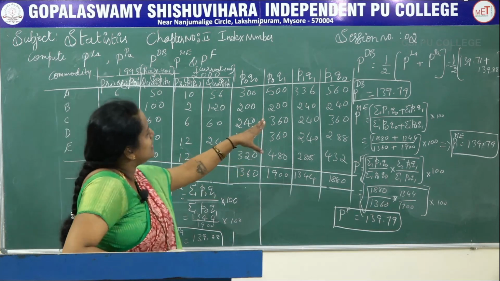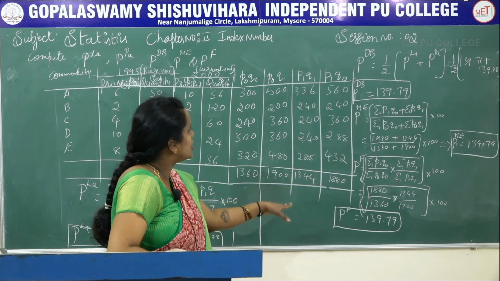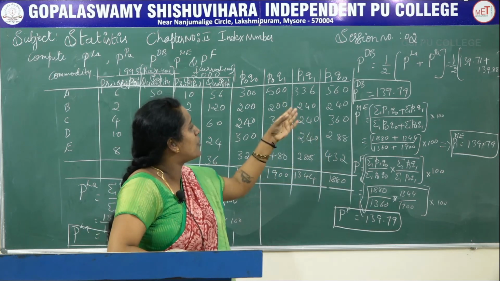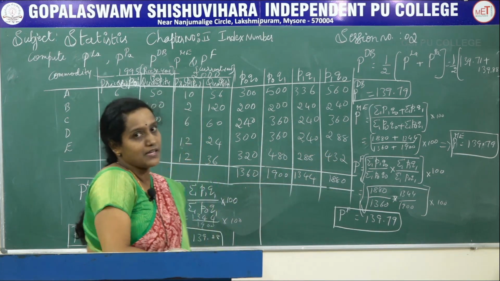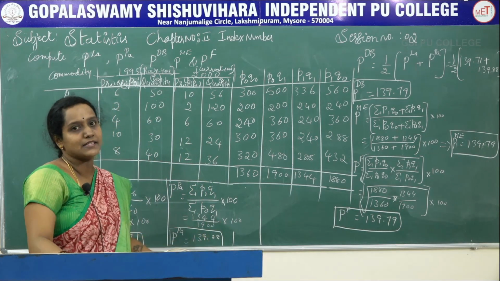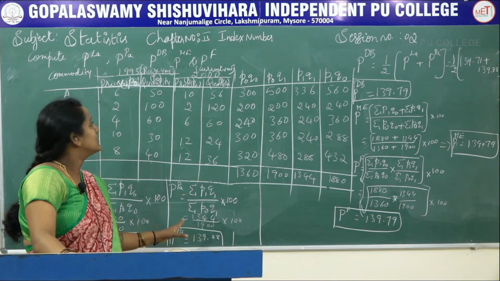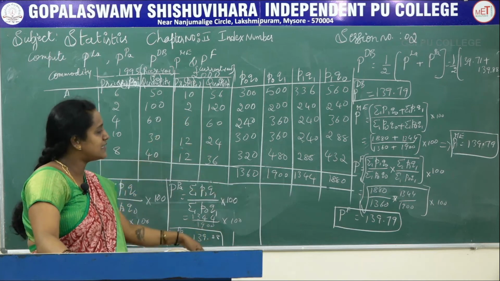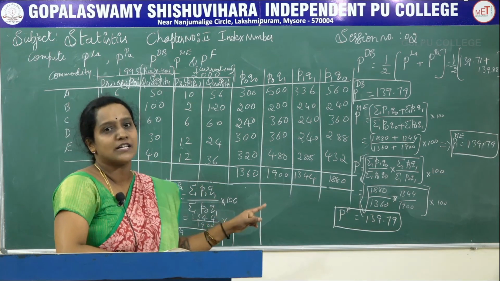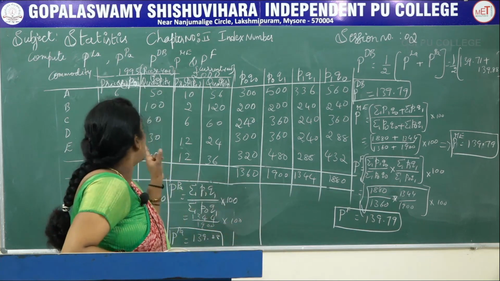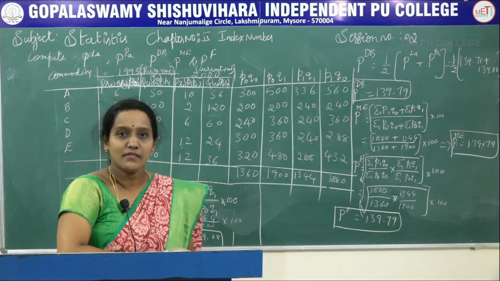At last, Dorbish-Bowley, Marshall-Edgeworth and Fisher's are the same, 139.79. So we can conclude that the price index in 2000 is increased by approximately 40% compared to 1995. Thank you.